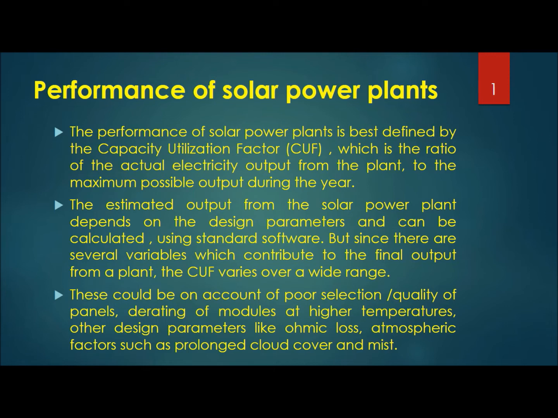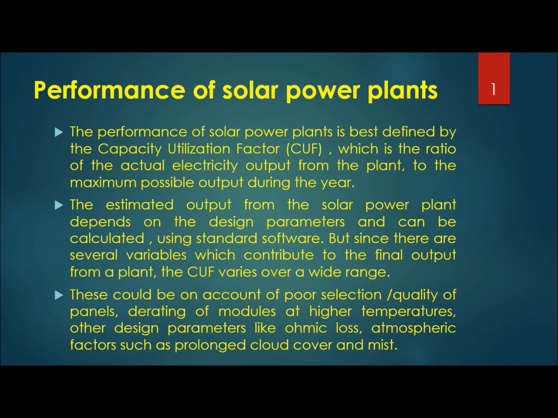since there are several variables which contribute to the final output from a plant, the capacity utilization factor varies over a wide range. These could be on account of poor selection or poor quality of panels, derating of modules at higher temperatures, other design parameters like ohmic loss, and atmospheric factors such as prolonged cloud cover and mist.